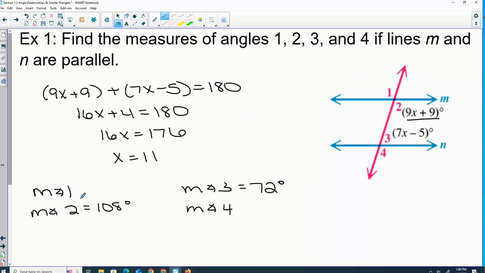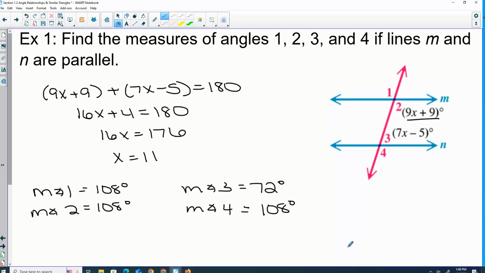Then what would angle 1 have to equal? Because of vertical angles, it's across from it, so it would be the same. And angle 4? Also, it's corresponding angles, it's in the same position as 2, so it would have the same measure. So that's more like the type of problem I would give you. Just a picture and ask you to find some missing unknown. You don't have to label what the relationship is, just be able to solve for it.